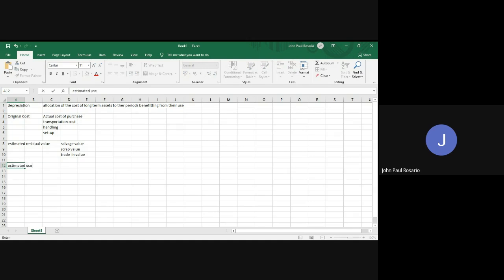This is the number of years or the number of units you expect that you will be using the asset for, or that you expect the asset will produce.